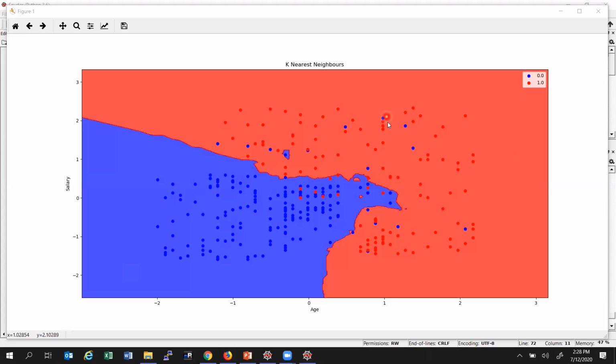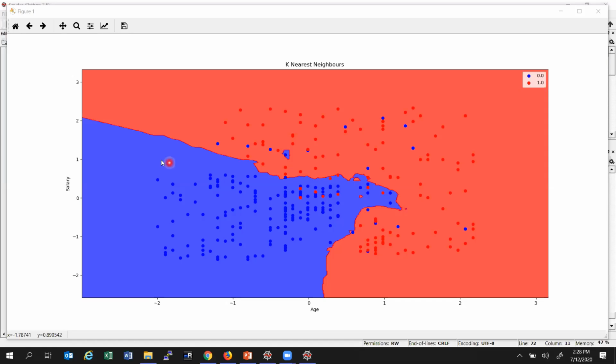If a blue dot falls in the region where you predicted that the person is going to buy the SUV, this is a wrong prediction.